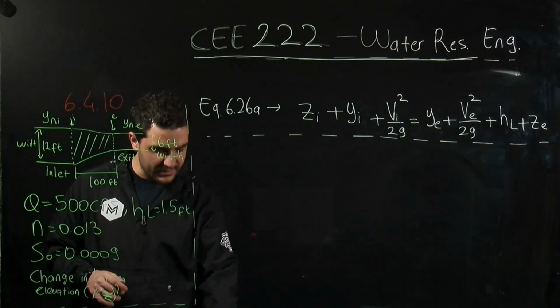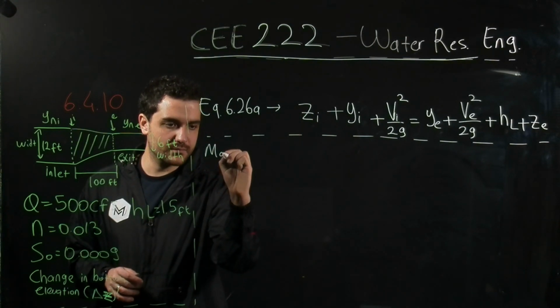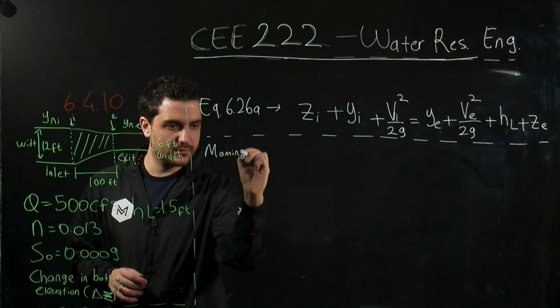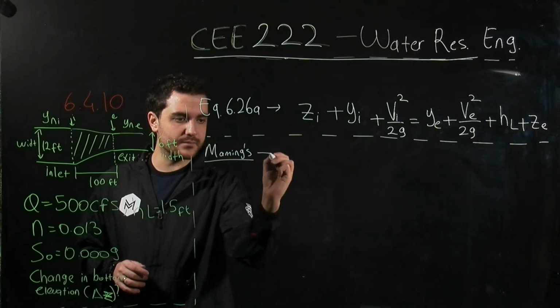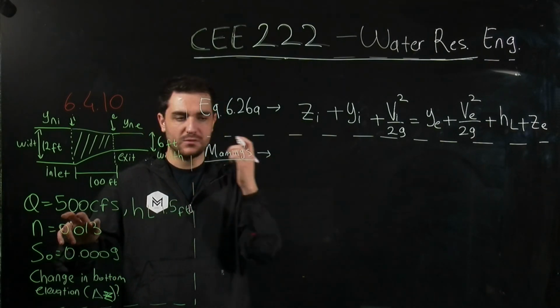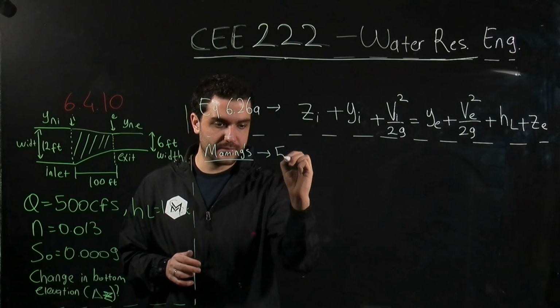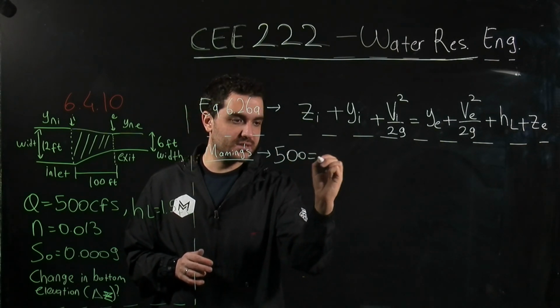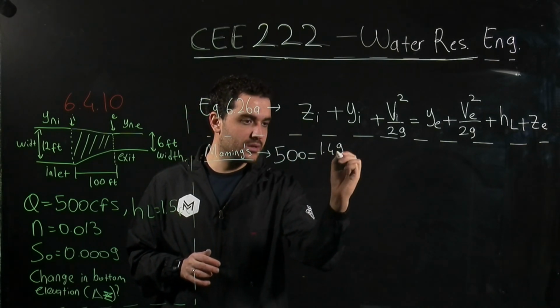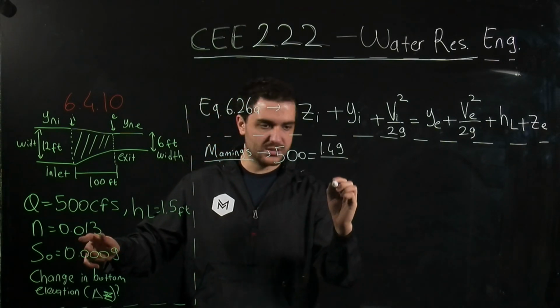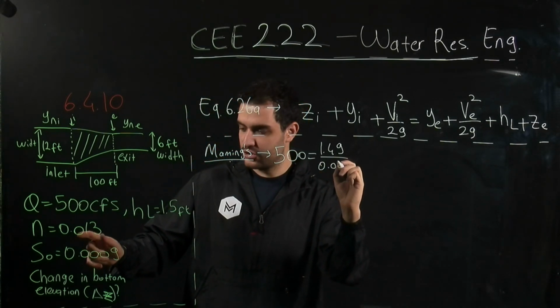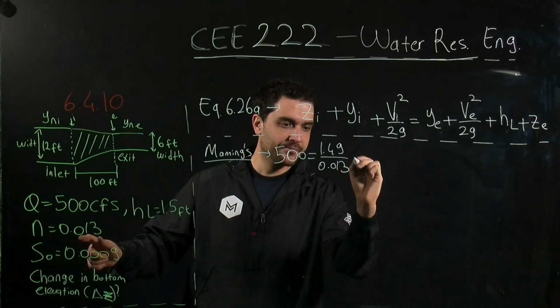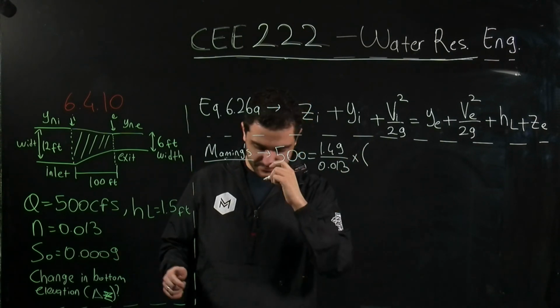We have Manning's equation again, and since we already know the flow rate, 500 is equal to 1.49 over 0.013 times the area.